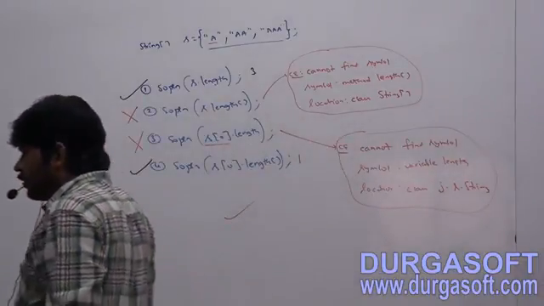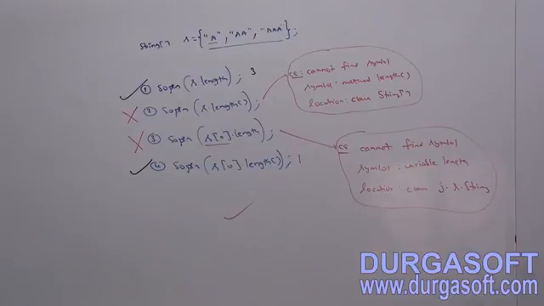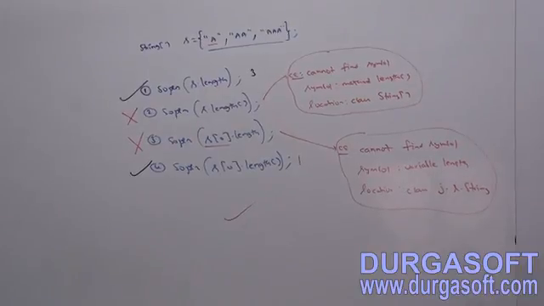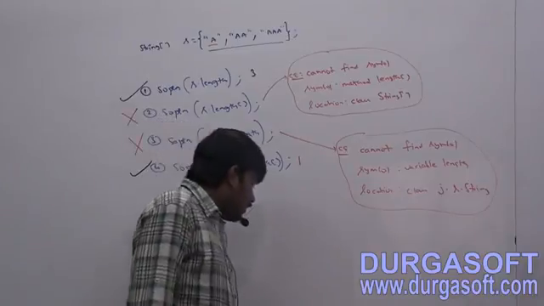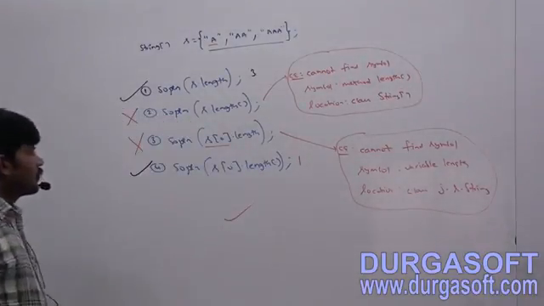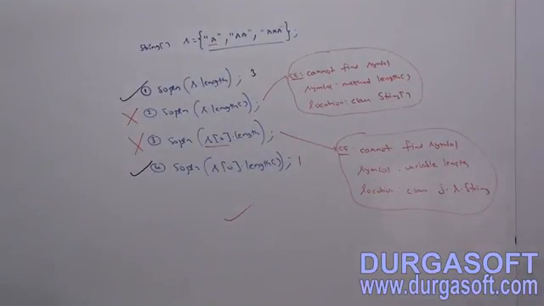Length variable and length method. String array s is equal to a. SOP of s dot length gives 3. s[0] dot length like this. Completed, I hope. Cannot find symbol. Which symbol? Method length.